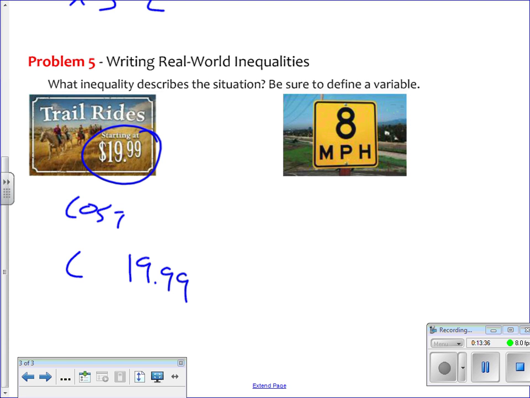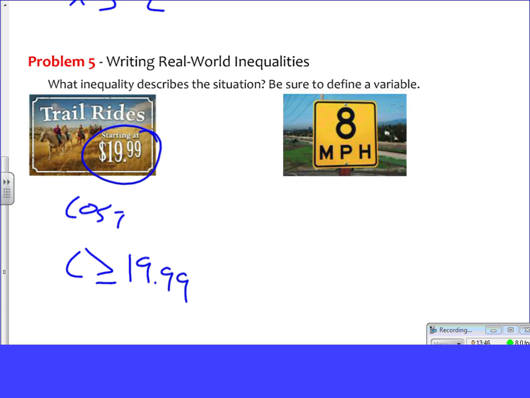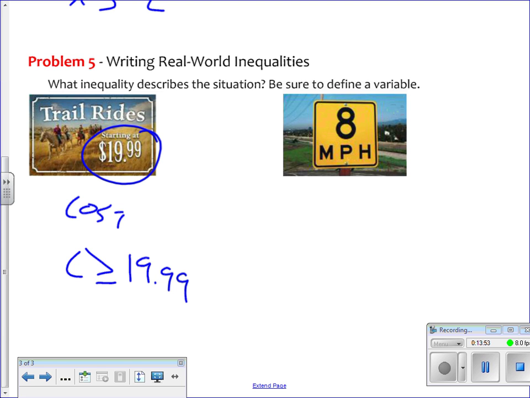It says starting at 1999, so that means it's going to be bigger. Could it be 1999? Could be much larger. It could be 1999 or larger because it says starting there. That's the minimum price you're going to have to pay. Depending upon what amenities you want along the way, it'll cost you more.